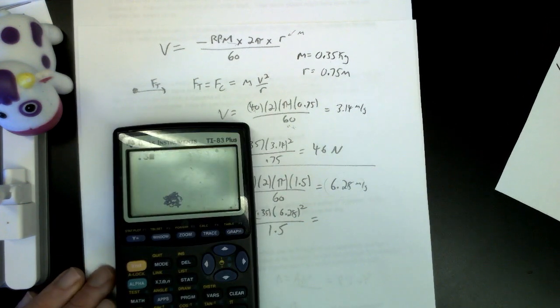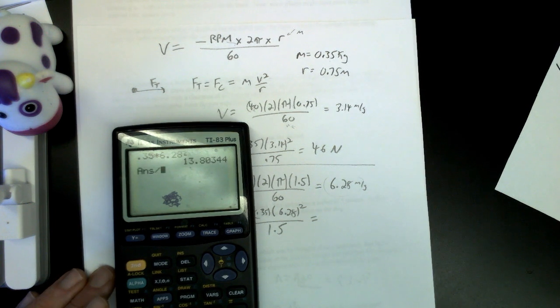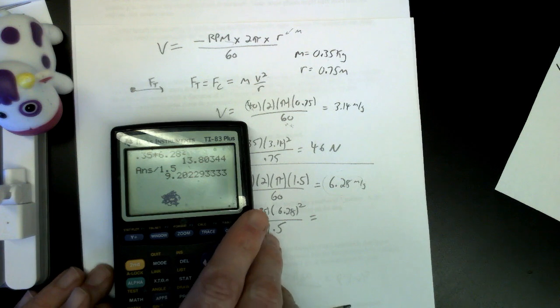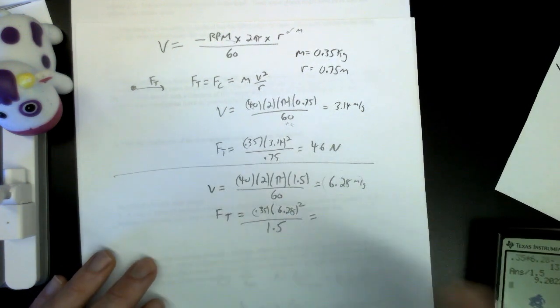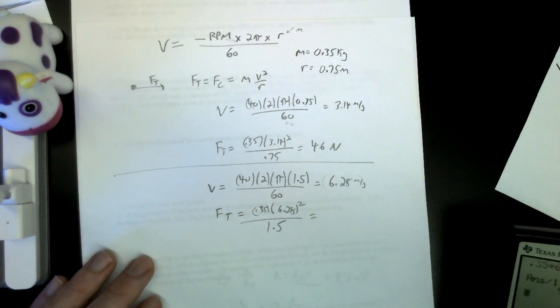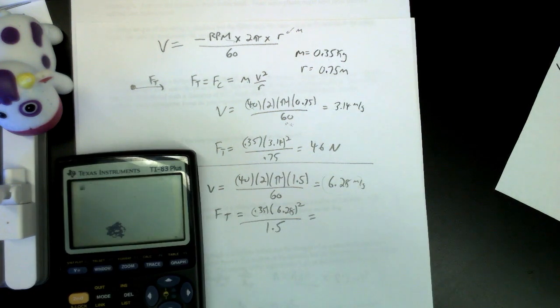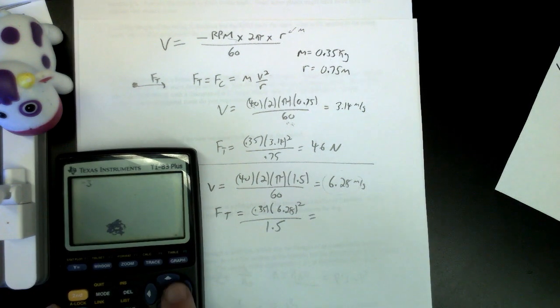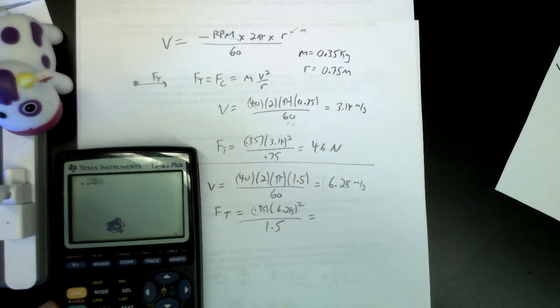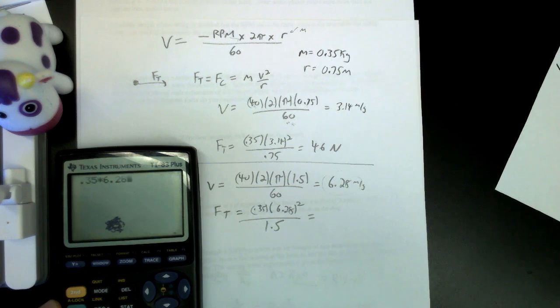Clear, 0.35 times 6.28 squared, and divide that by 1.5. And this is 9.2, oh, sorry. Something looks funny there. Let's try that again. 0.35 times 6.28 squared. And now I divide that by 1.5.